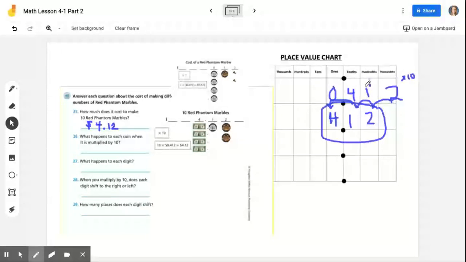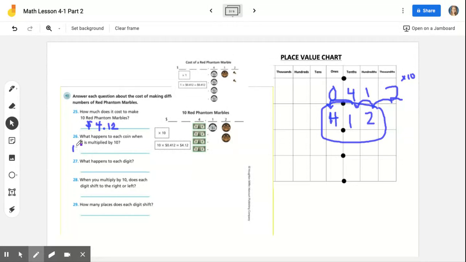I'd have 1 penny here to represent 1 hundredth. 1 hundredth times 10 would give us 10 pennies, and we could exchange 10 pennies for 1 dime, and so on. So each coin gets bigger. Obviously, by how much? It becomes how much times as great? It becomes 10 times as great.